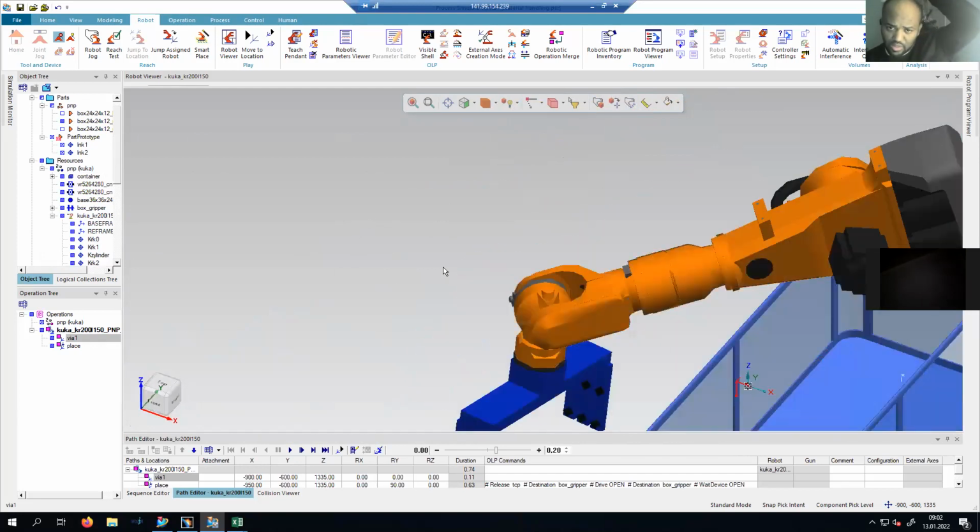Now, the wrist configuration means this guy is actually a wrist.